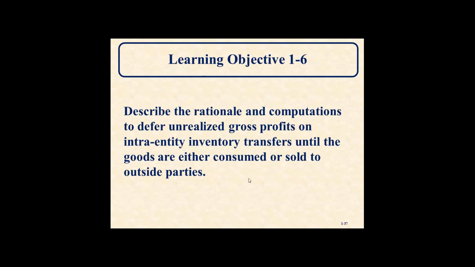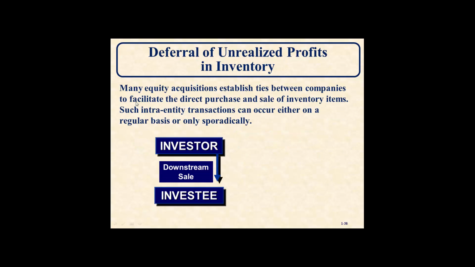We also want to cover Learning Objective 1-6, which is to describe the rationale and computations to defer unrealized gross profits on intra-entity inventory transfers until the goods are consumed or sold by outside parties. What we don't want to do is recognize gains or losses from selling to ourselves.